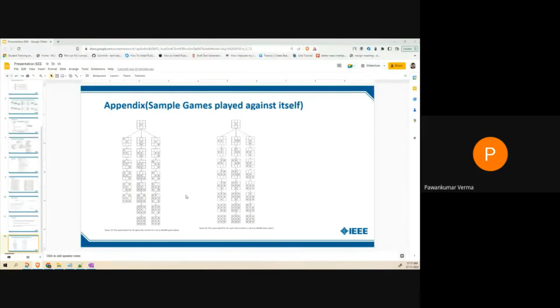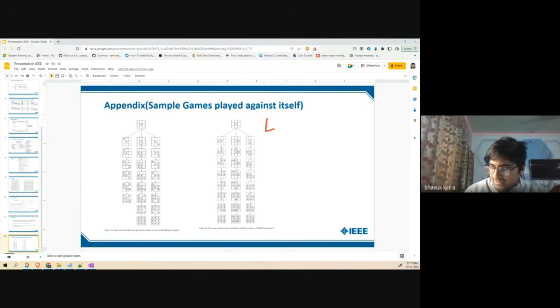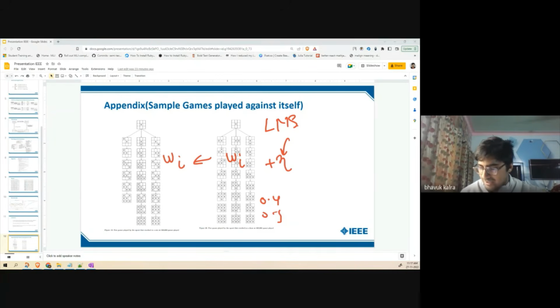Bhavuk, I have one question. Which optimizer have you used in your implementation? We have used the least mean square optimizer, sir. It looks something like this; I have noted it down here as well. If we have a feature weight wi, you can update it using the existing value plus eta, the training rate, usually 0.4 or 0.3 in our case, times V train minus V cap of b, times xi. Here xi is the feature value, and V train minus V cap is the error.